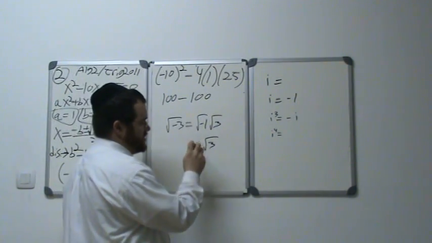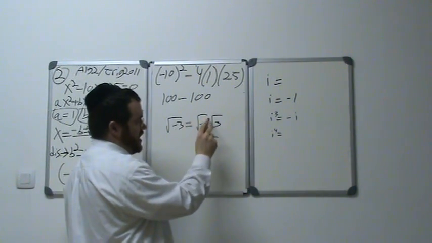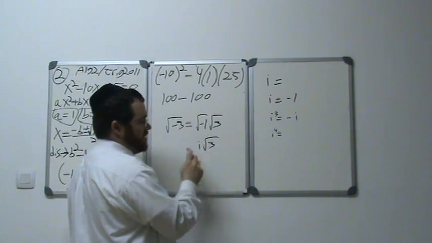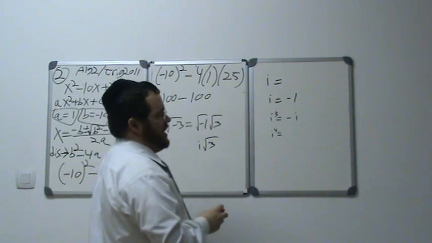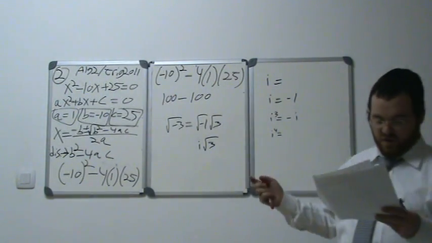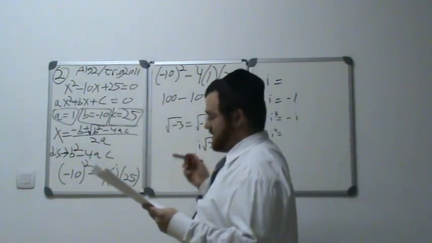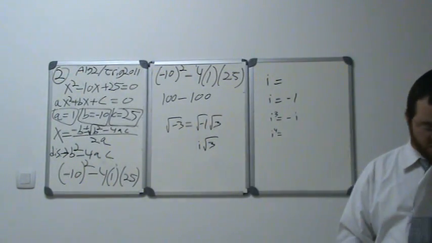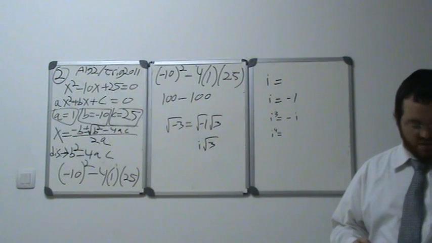So i is for imaginary. Instead of the square root of negative 1 times radical 3, it's i times radical 3. And so therefore, they are both equal. They are real numbers because they're not imaginary, and they're also rational numbers because they come to an end.